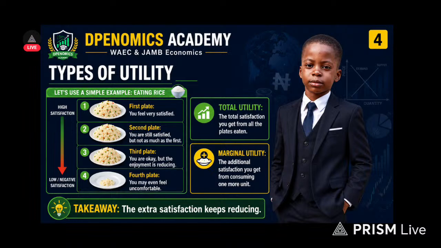At that level you are okay, but the enjoyment is reducing because you are no longer enjoying the food. You were already very satisfied at the first plate. At the second plate, you are just eating for eating's sake. For the third plate, I would say you're okay because you are no longer enjoying the food as at the first time.